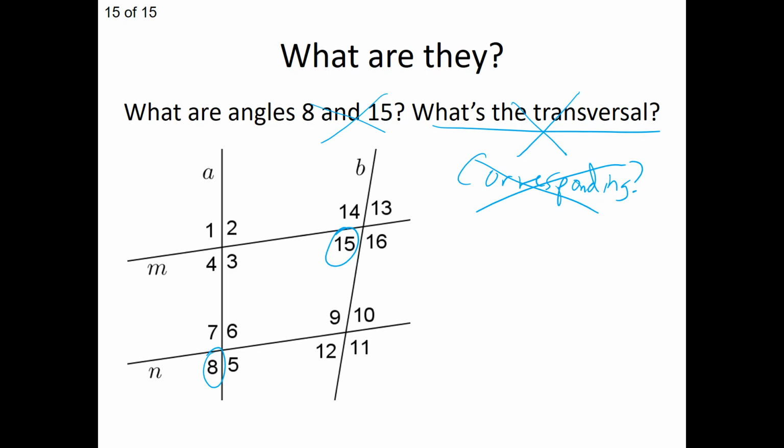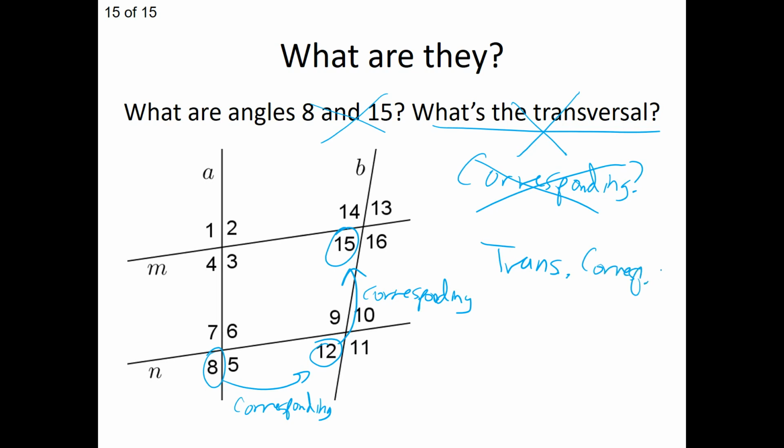Here's a quick question for you. 8 and 12, do they have a relationship? Yes, they are corresponding, right? What about 12 and 15? Do they have a relationship? Yes, those are also corresponding. So now my question is, does the transitivity apply to corresponding angles?